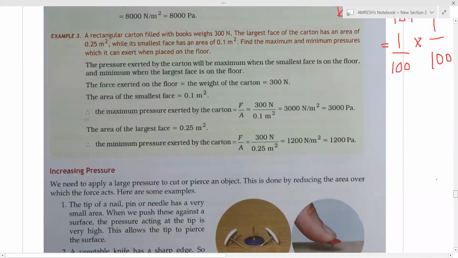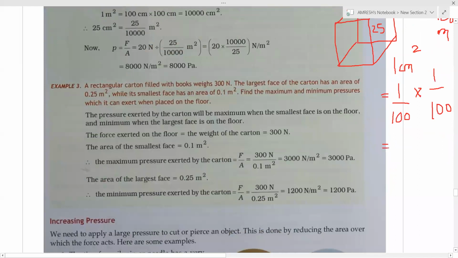So 1 by 100 into 1 by 100 is 1 by 10,000, that is, after 1 you add 4 zeros. So 1 centimeter square is 1 by 10,000 meter square.